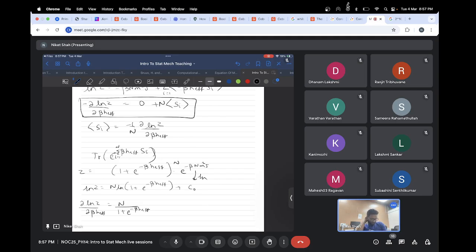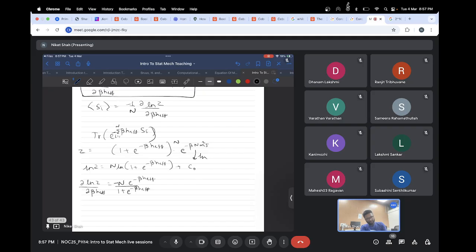into minus e raised to power minus beta h effective. And now multiplying it by minus 1 by n gives me expectation si is equal to e raised to power minus beta h effective divided by 1 plus e raised to power minus beta h effective.